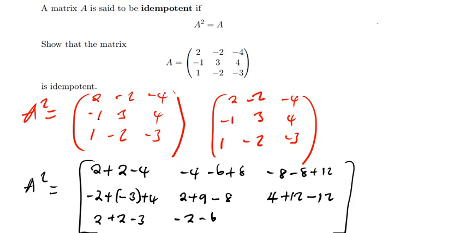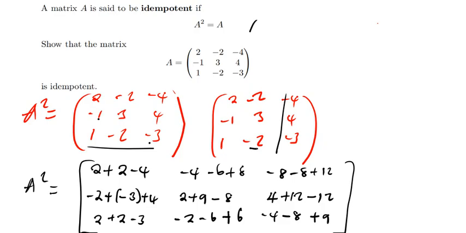Negative 3 times negative 2 is positive 6. Then again the last column: 1 times negative 4, negative 4. Negative 2 times 4 is negative 8. Then negative 3 times negative 3 is plus 9.